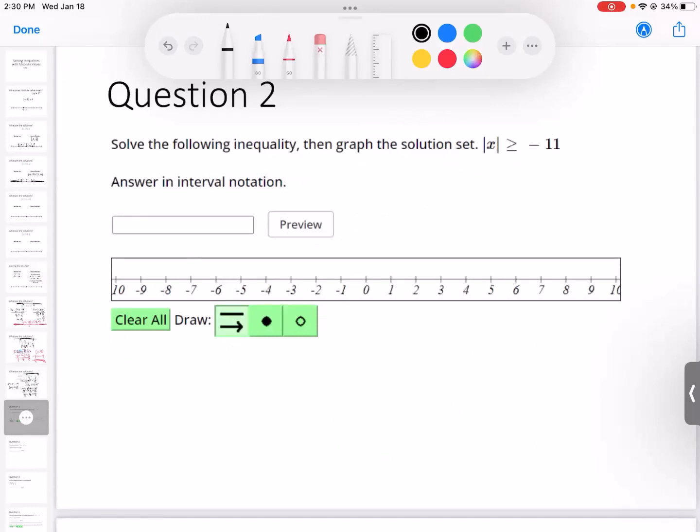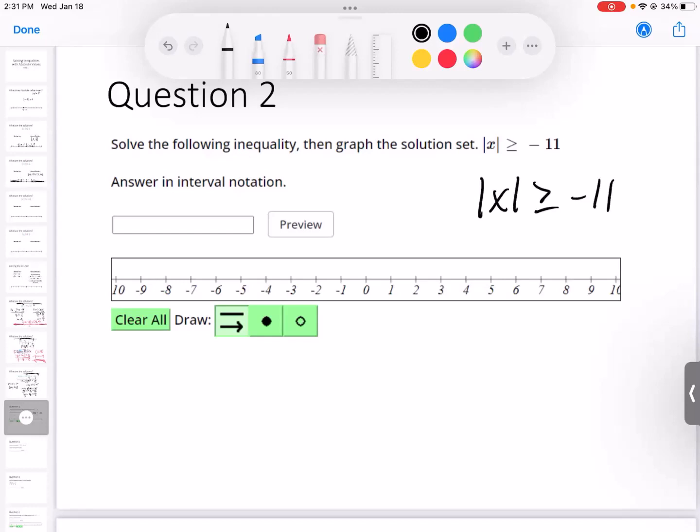I'm just going to go through a couple of questions that I thought stood out. None of them are terribly hard, but they have a couple of nuances that might be helpful for you guys. On question 2, it says graph the solution set of the absolute value of x is greater than or equal to negative 11.